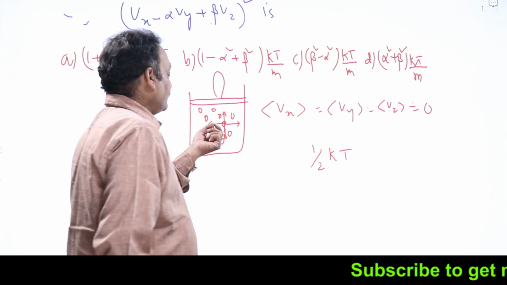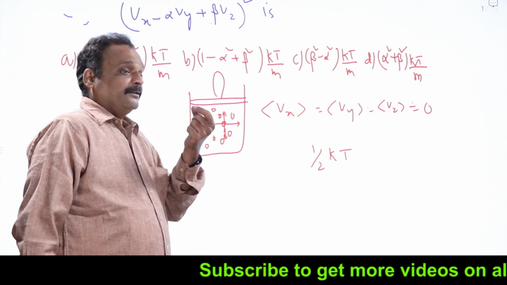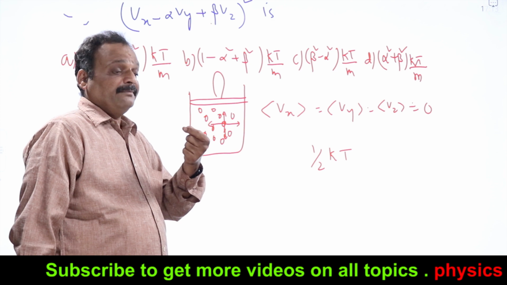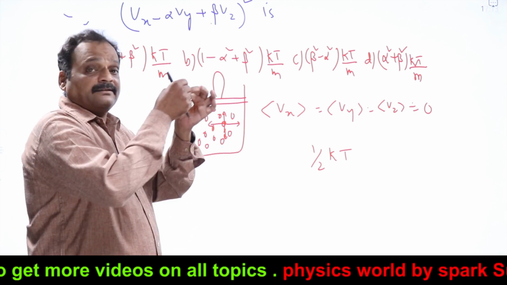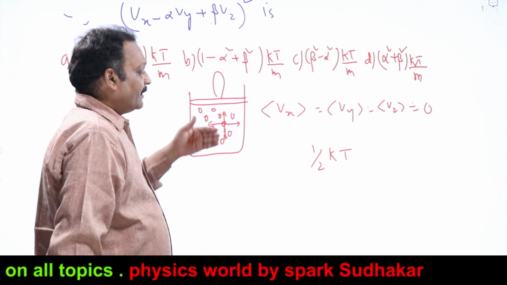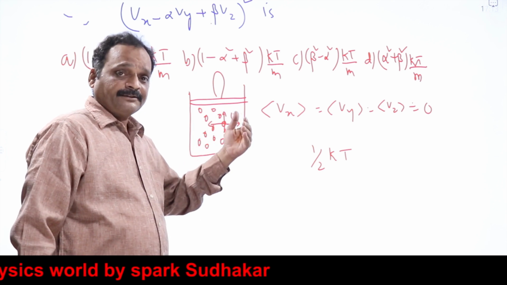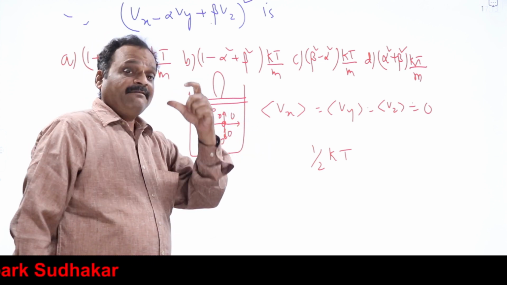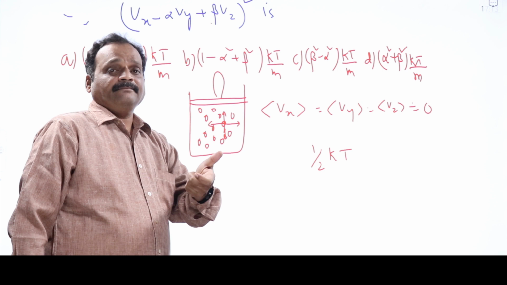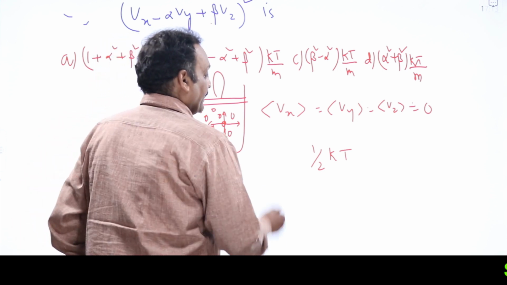Now, how many degrees of freedom does the molecule have? A molecule of a gas in a container has 3 degrees of freedom, because it can move freely along the x-axis, y-axis or z-axis. So half kT is the average kinetic energy per degree of freedom.